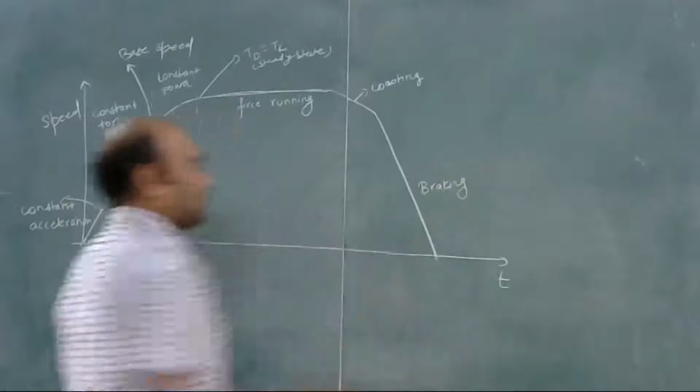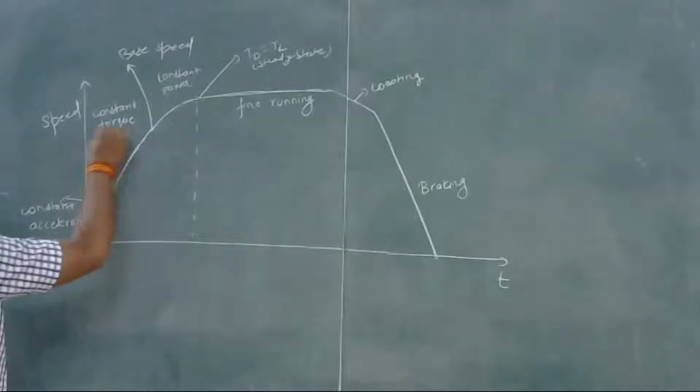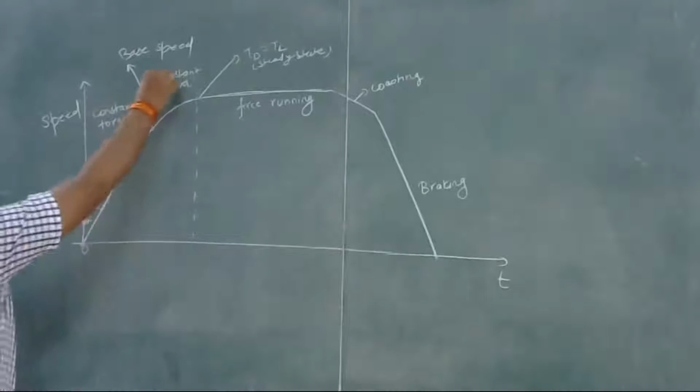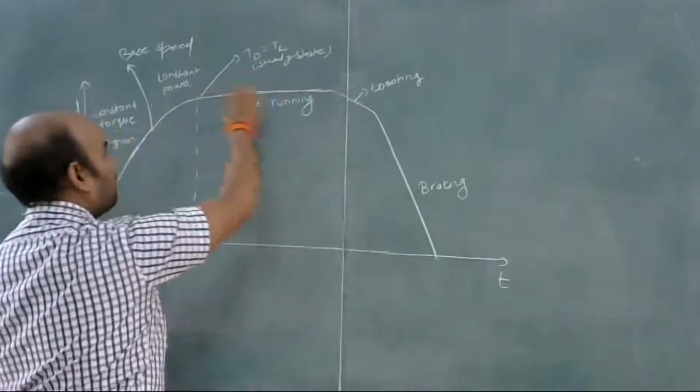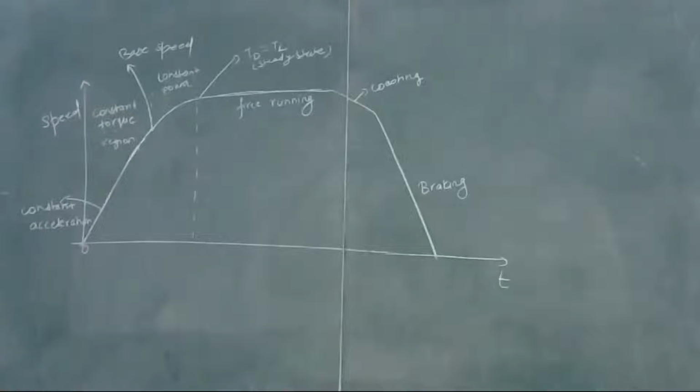So this we have covered in the last class. Okay. So this is the constant torque region. This is the constant power region. This is free running, and this is coasting, and then braking.